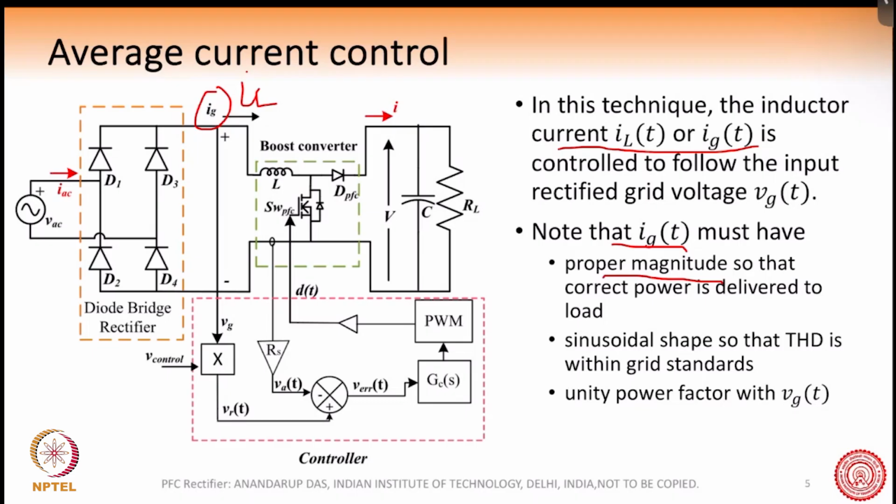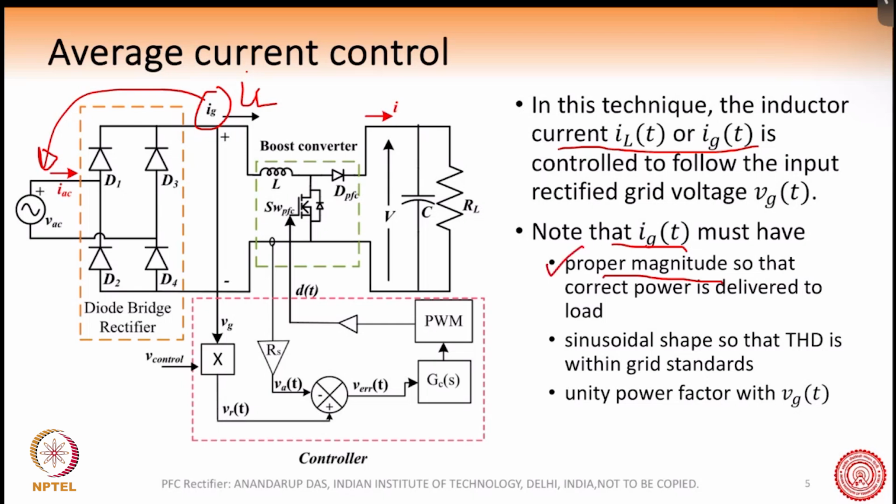For example, if I want to deliver 1000 watts, I must have the correct magnitude of current flowing through IG, and therefore through IAC from the 230 volt AC grid. So a proper magnitude of current needs to be established by the closed loop control.